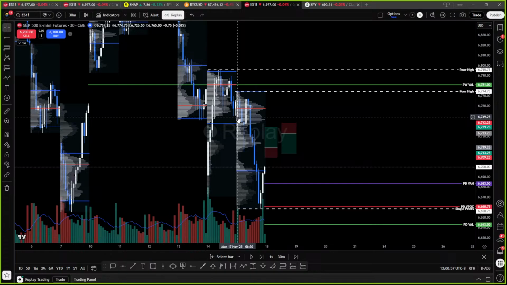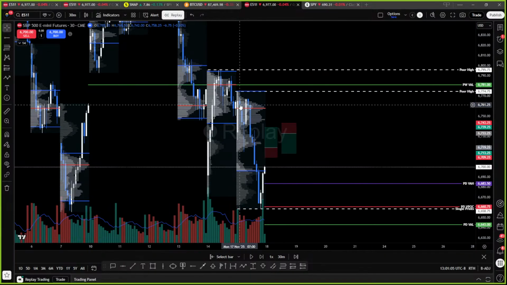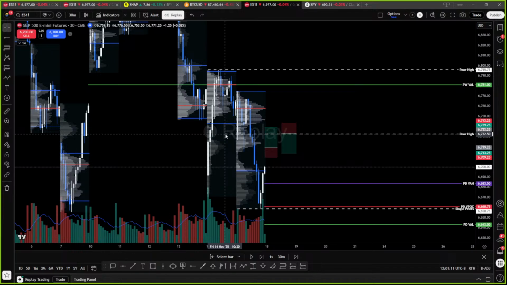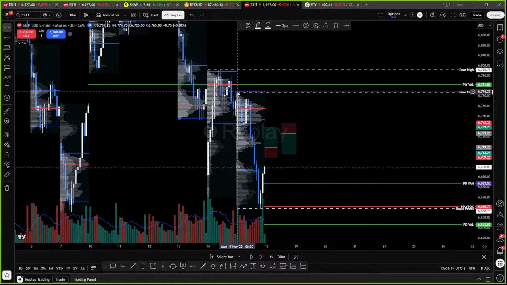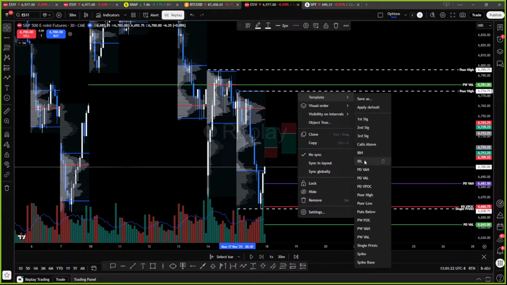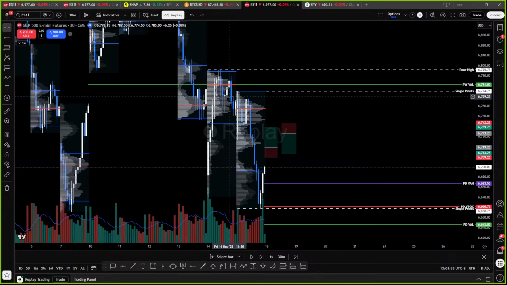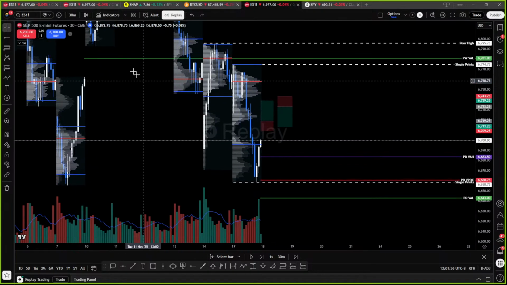Where's the open? RTH. Yeah, no, I know. This is single prints at the top. Again, it's kind of questionable. Shorty might say it's a crowded high. I wouldn't argue either one. If you told me this is single prints, I'd be like, okay. And if you told me it's a crowded high, I'd be like, yeah, sure. I'm not going to split hairs.